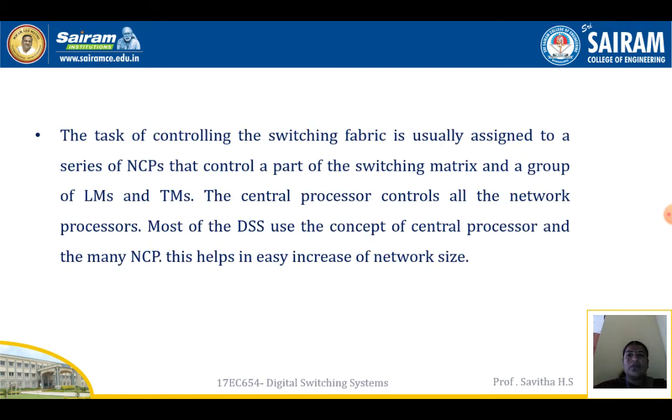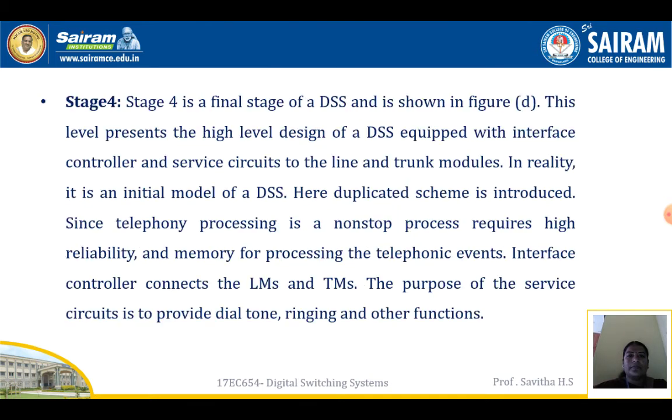The task of controlling the switching fabric is usually assigned to a series of NCPs that each control a part of the switching matrix and a group of LMs and TMs. The central processor controls all the network processors. Most DSS use the concept of a central processor and many NCPs. This helps in an easy increase of network size.